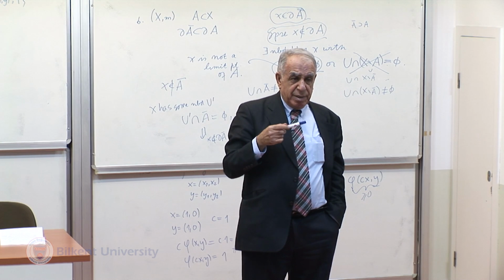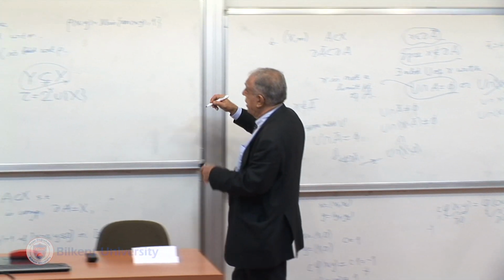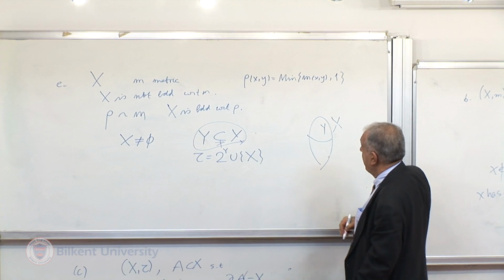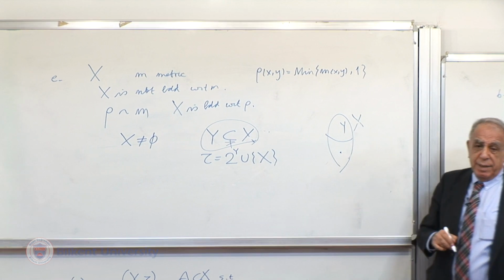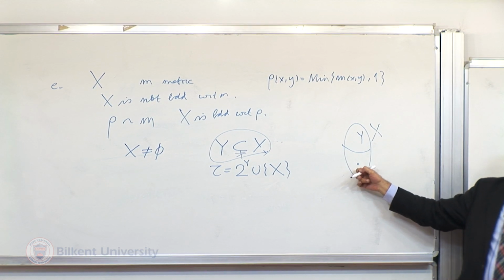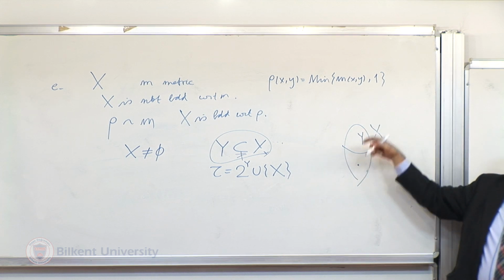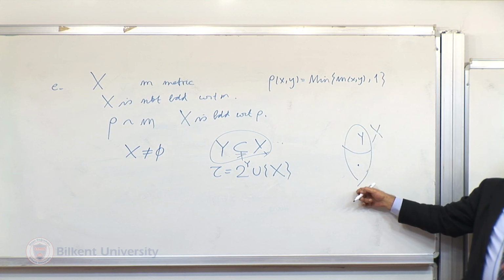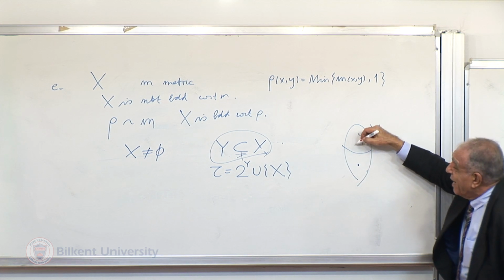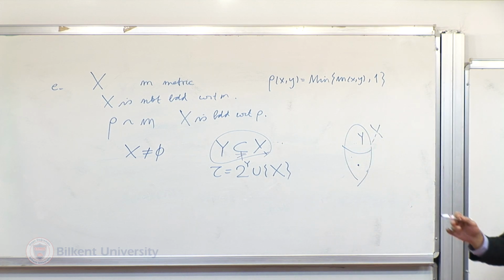Can that be metrizable? No. Here, this is X, this is Y. You have at least one point here. The only open set which contains this point will be the entire set. So if you take a point here and another point, be it here or here, makes no difference.